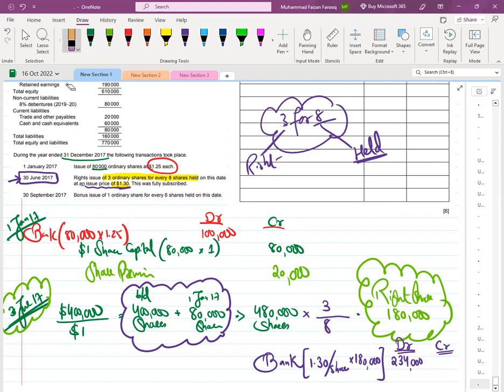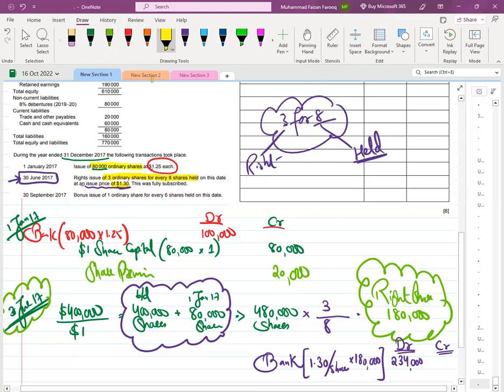So your share capital was how much? 400,000. But at the time of the right issue, you are not directly issuing the right shares.